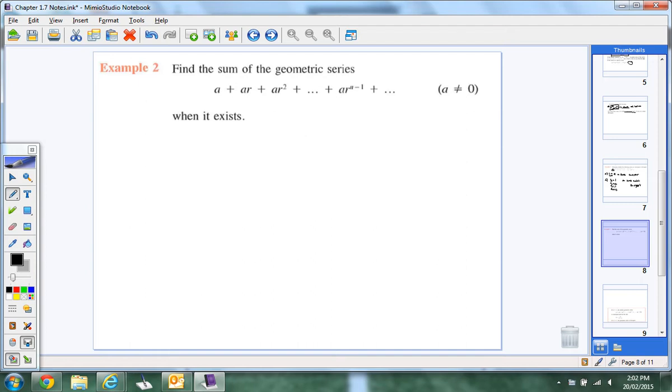So when it exists, a plus ar, ar squared, etc. We want to define this pattern, and we will define the sum as this, which comes from the formula we used. Remember r was the ratio, the ratio of growth, however it's growing. a is your first term. So this is the general form.